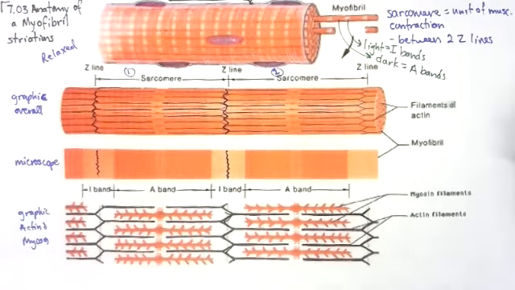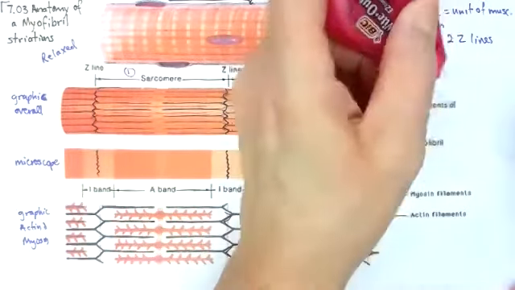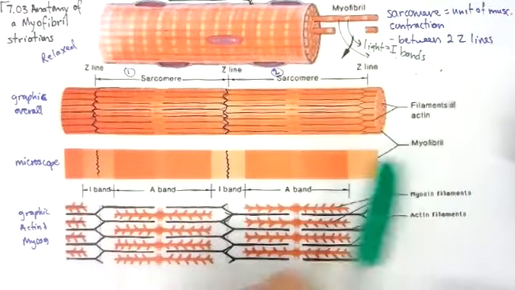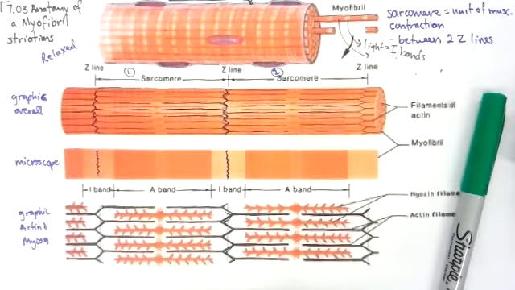And we can see those here. Let's color code this. I'm going to do the I bands in green, and I'm going to do A bands in purple, since that will show up really well.